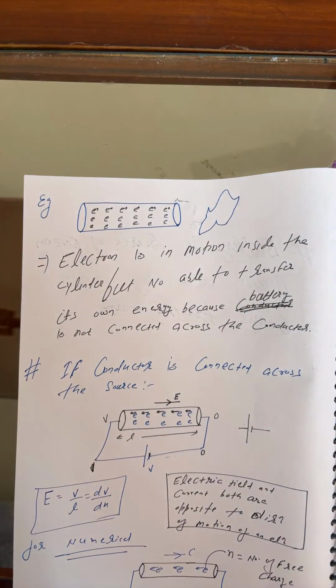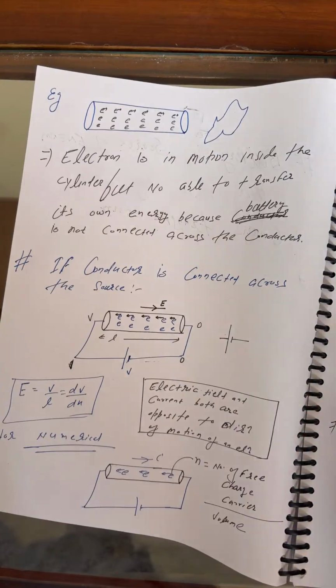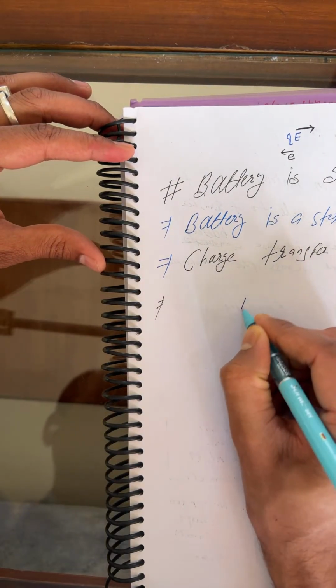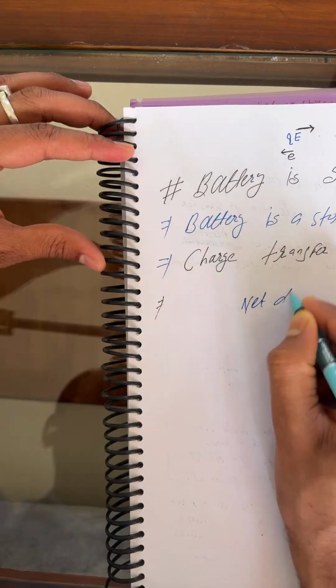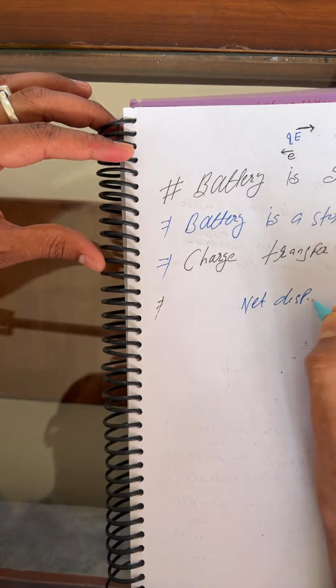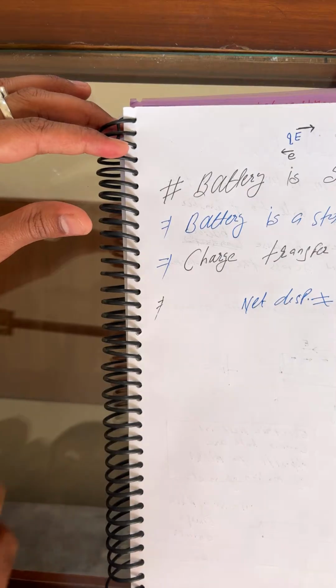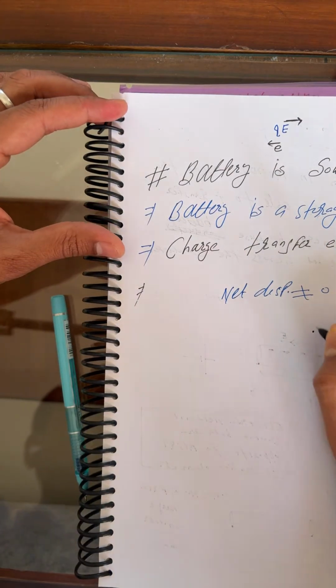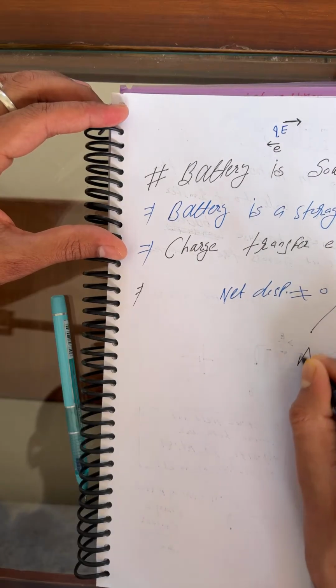It is zero. But here the conductor is connected through a source, so for this condition net displacement is not equal to zero. You can take this into consideration.